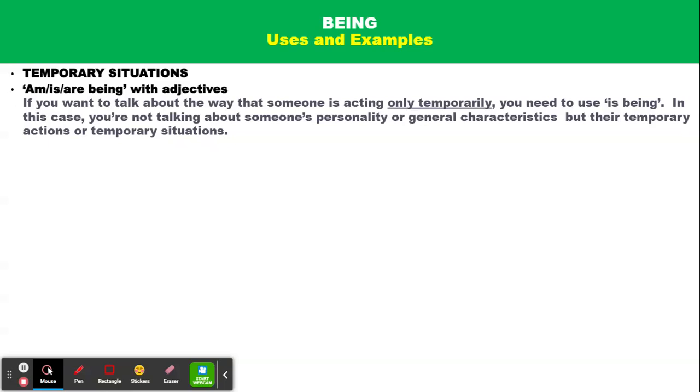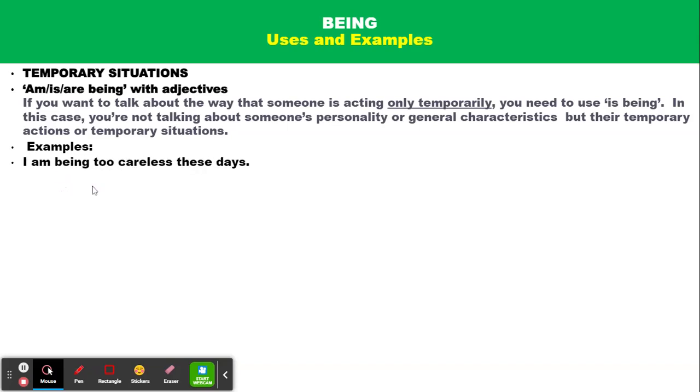We use being with adjectives. If you want to talk about the way that someone is acting only temporarily, you need to use is being. In this case, you are not talking about someone's personality or general characteristics, but they are temporary actions or temporary situations.